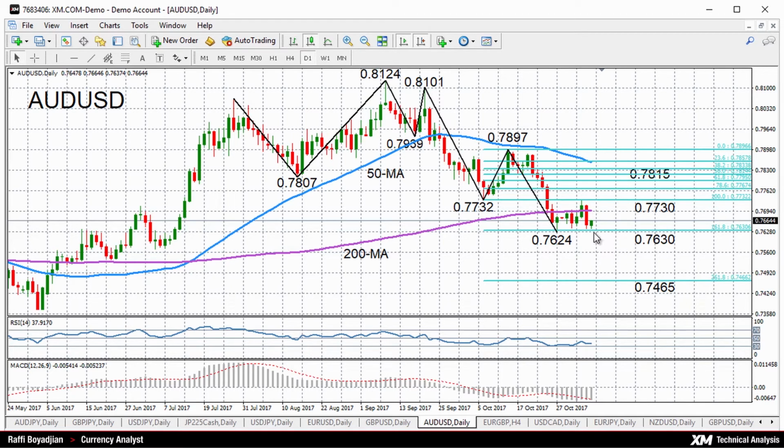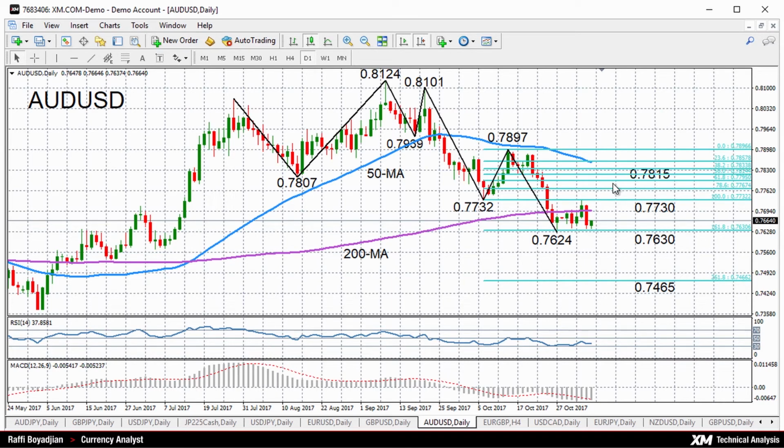A break below that would further reinforce the bearish outlook in the medium term, and would also shift the near-term bias to a bearish one from the current neutral one. We have support coming at the moment at around 0.7730. A break above that level would help eliminate any downside risk we have at the moment.